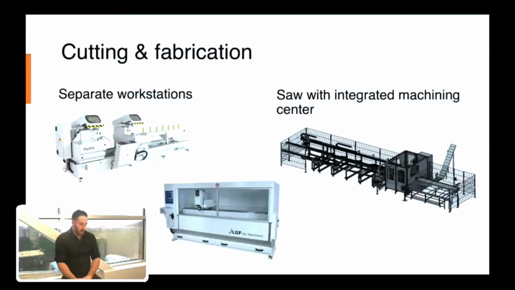If you're looking at a smaller factory, like we have a lot in Quebec, maybe you're going to be looking at separate workstations. On the screen here is just an example of a regular double miter saw capable of cutting 2 parts at a time, and a standalone fab center.